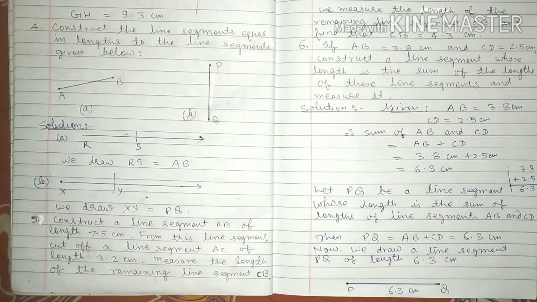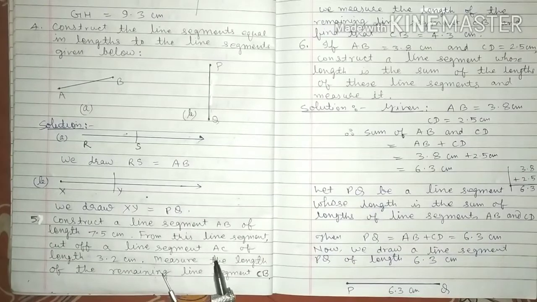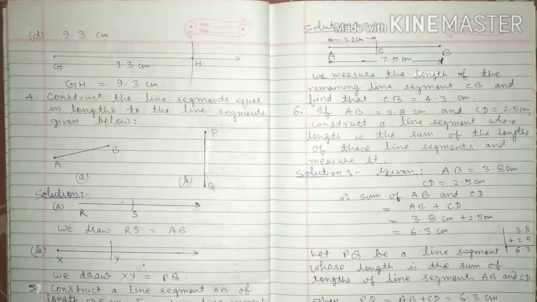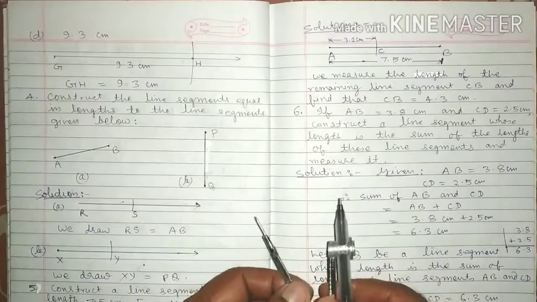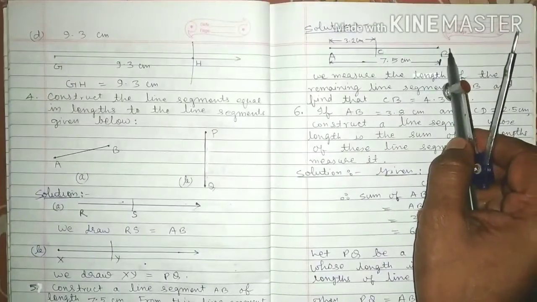Now question number 5. Construct a line segment AB of length 7.5 cm. From this line segment, cut off a line segment AC of length 3.2 cm. Measure the length of the remaining line segment CB. For the solution, we first draw a line segment AB of length 7.5 cm.